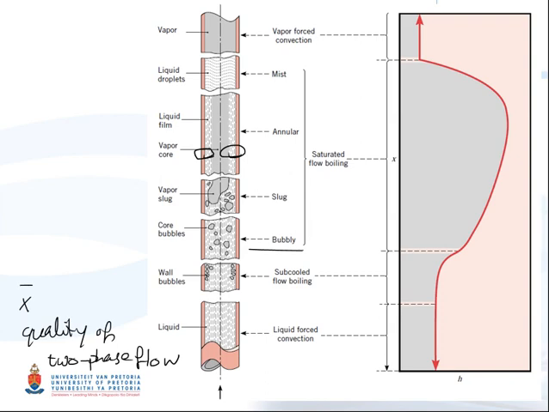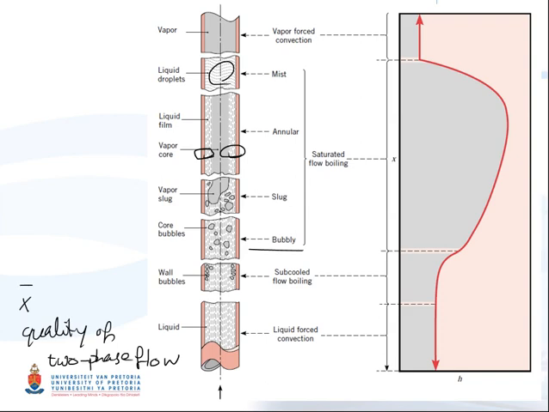Dry spots eventually appear on the inner surface of the tube and grow in size within transition regime. Finally, the entire tube surface is completely dry and all remaining liquid is in the form of droplets that travel at high velocity within the core of the tube in mist regime here.